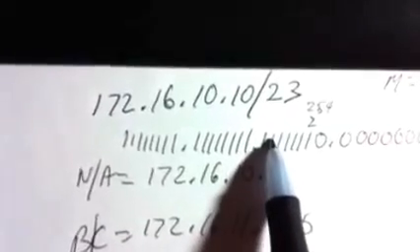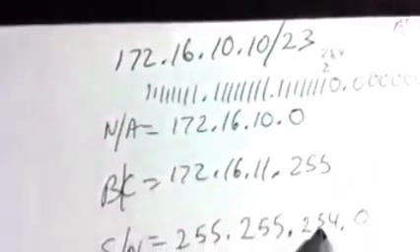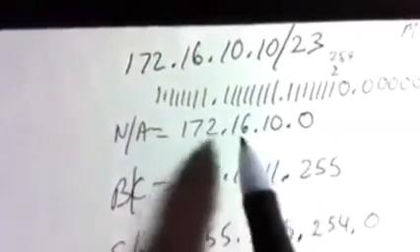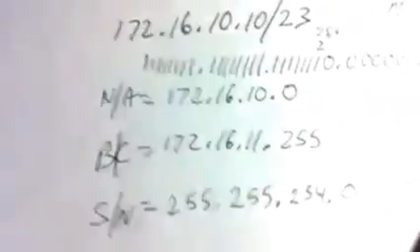Magic number 2 right here, into increments of 128, 192, 224, 240, 248, 252, and 254. If this was a 1, it would be a 255, but it's not. So anyway, we bring down the 254 here for your subnet mask. The magic number was 2. We did increments of 2 down here. But when we got to the 10, which is the 3rd octet, because we're working from the 3rd octet, if it's 10, you stay at the 10 here.